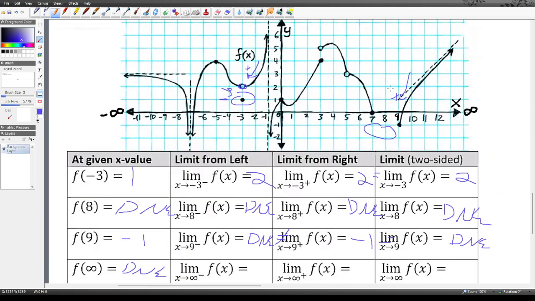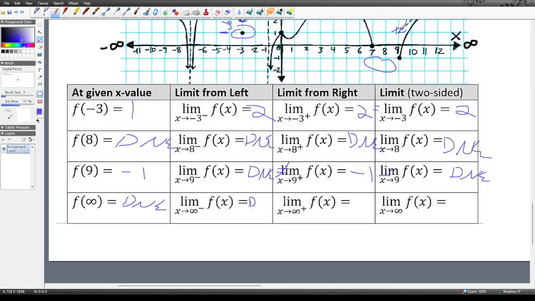It would have been easier if there was an asymptote for this one, but it looks like there is, but it's increasing. So I wouldn't be sure for these infinities, so I'm just going to put does not exist.